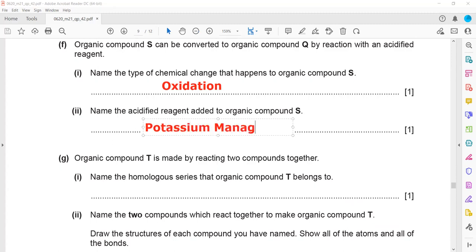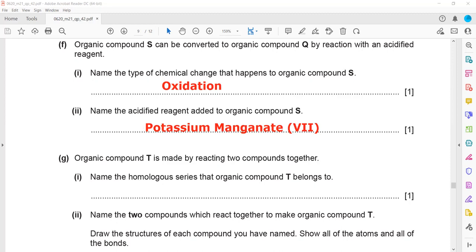We use acidified potassium manganate(VII) as an oxidizing agent. So you have to memorize the oxidizing agent for converting alcohol into carboxylic acid.